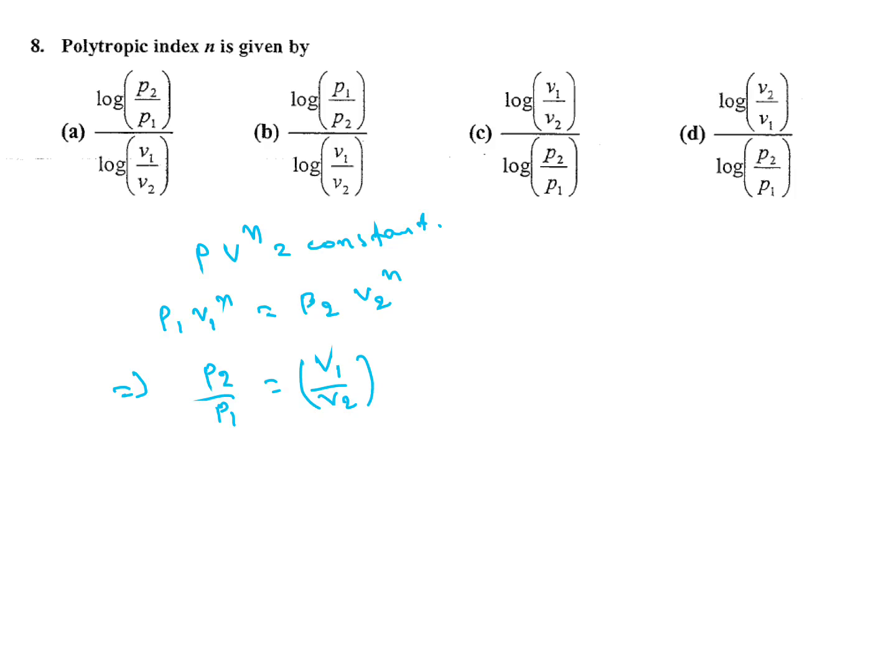So n equal to log P2 by P1 divided by log V1 by V2. From the options, log P2 by P1 divided by log V1 by V2, A is our answer.